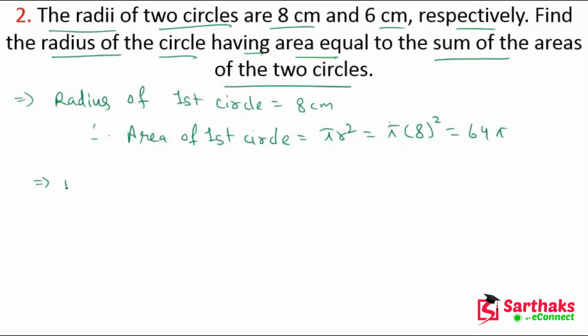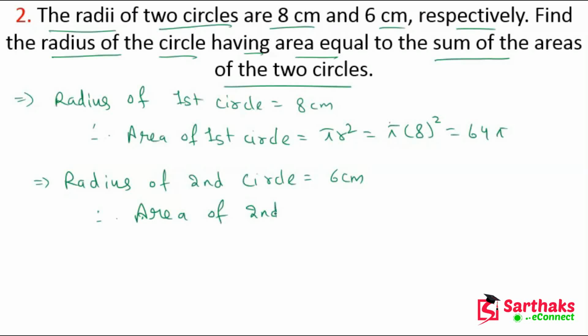Now the radius of the second circle is 6 centimeter. So the area of the second circle is pi r square, which is equal to pi into 6 square. So this will give 36 pi.